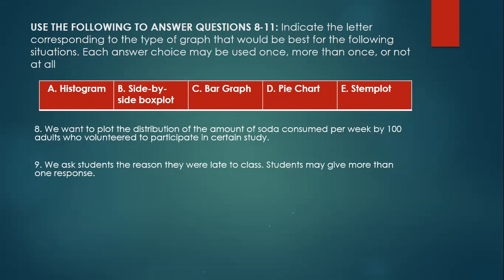We use a bar graph, so it will be C. A bar graph is used when you can give more than one answer, and there's no numerical value to it. So you can be late for more than one reason: your other class was too far, you were in the bathroom, you had an emergency, you were at the health clinic or something like that.